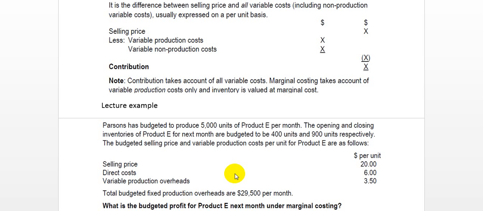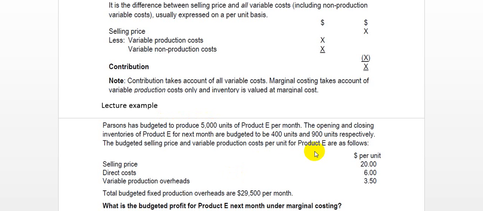Since the question is asking us to compute the profit for the month, we then multiply the contribution by the total units sold in the month. The question tells us they budgeted to produce 5,000 units. They budgeted 400 units opening and 500 units closing.